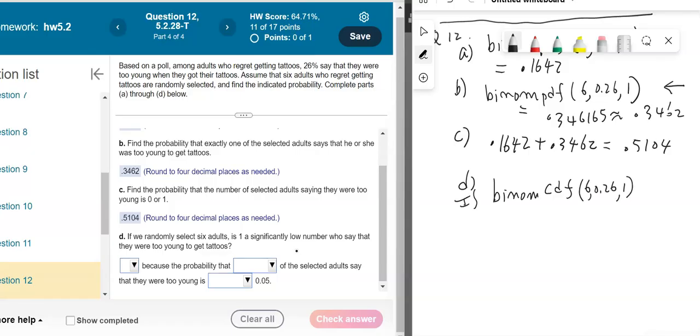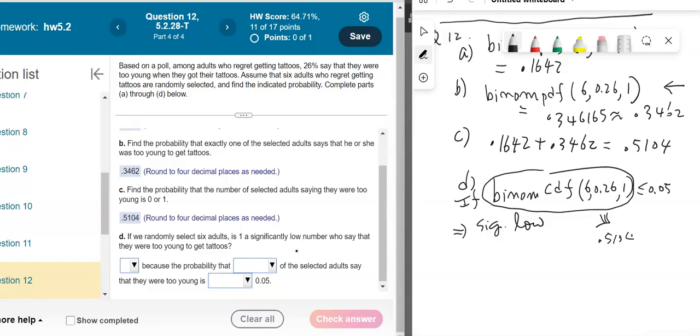If this is less than or equal to 0.05, we say significantly low. We just figured that this was 0.5104.